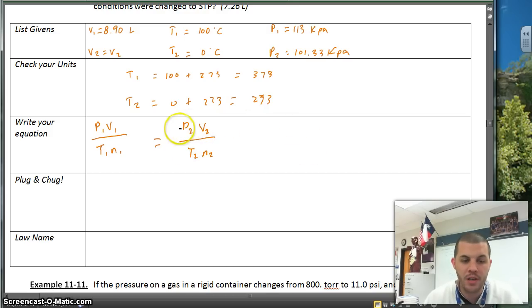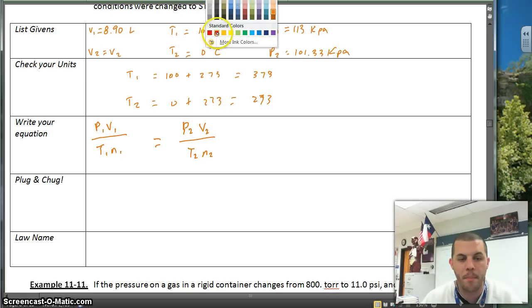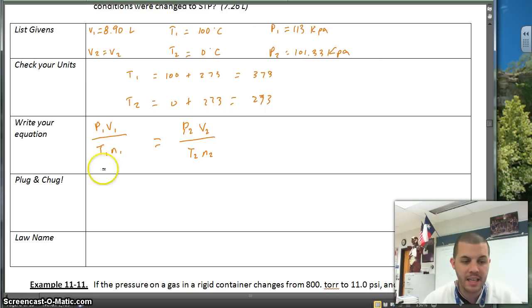Okay, now hopefully you're already noticing that our problem didn't say anything about number of moles. Since it didn't say anything about number of moles, let's just get rid of that. We don't have to worry about plugging in number of moles. So what this means for us is our formula turns into P1 V1 over T1 equals P2 V2 over T2. Here's a hint. You're going to be using this formula a lot.